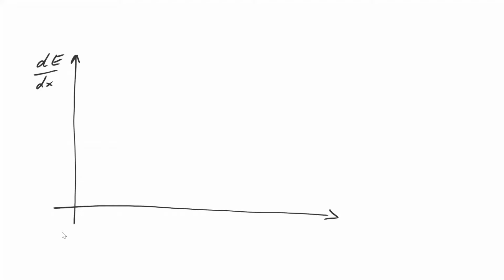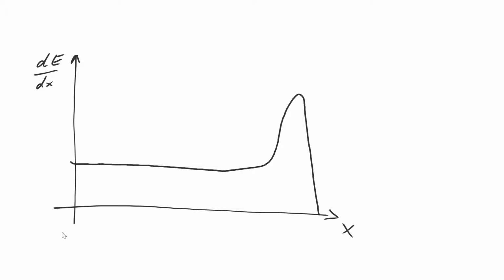So as a function of distance traveled, it's going to be about constant, and then towards the very end it's going to rise before the particle then doesn't have enough energy. So here this is a minimum ionizing particle. It travels so fast through the material that it doesn't have enough time to deposit a lot of its energy.